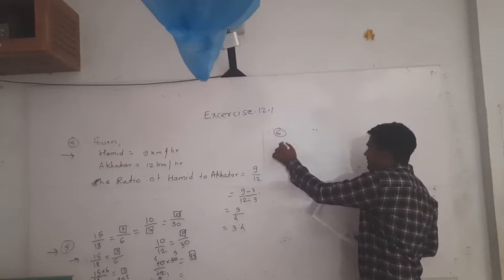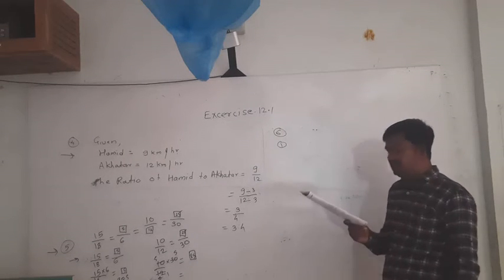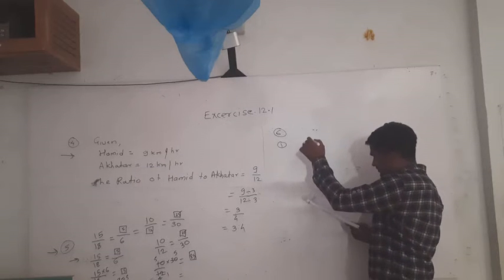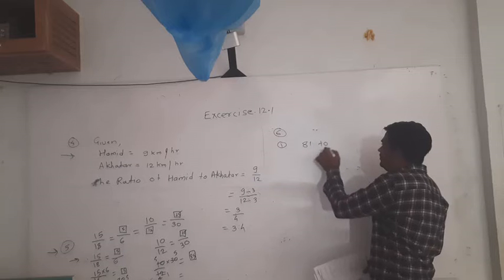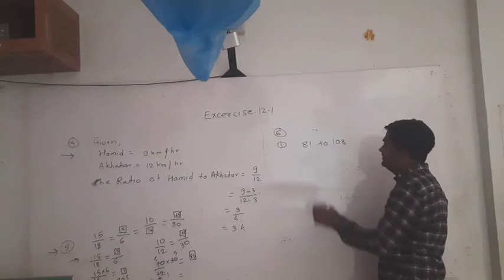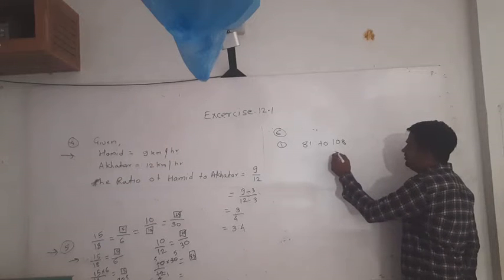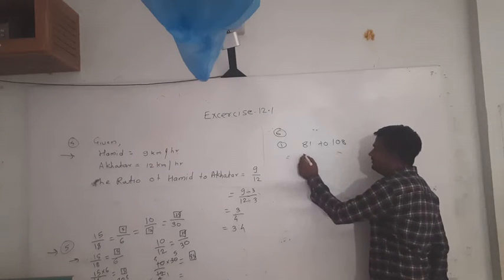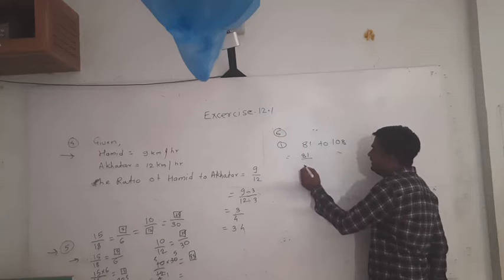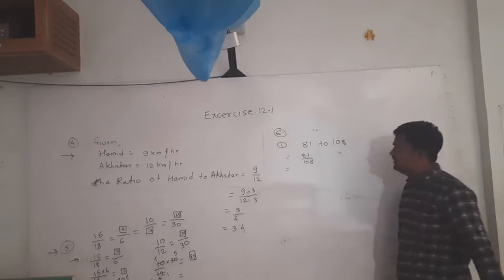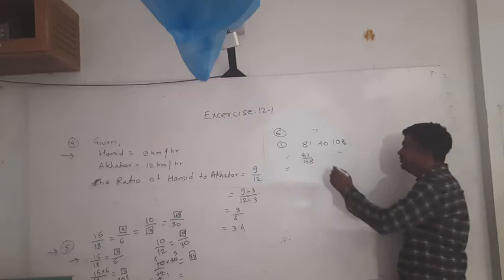I will solve the first one here, and the remaining you can solve at home. 81 to 108. Now see here, find the ratio: 81 by 108. In which table? The third number table, both numbers.